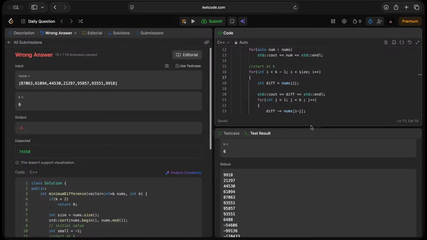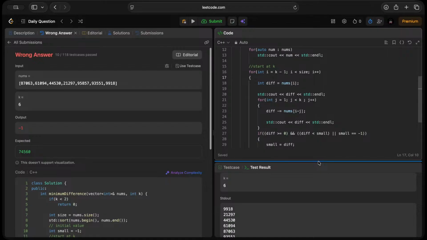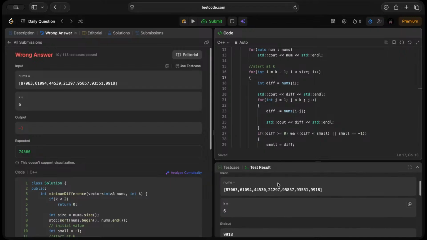Int i, which is 6 minus 1, so num's a 5.